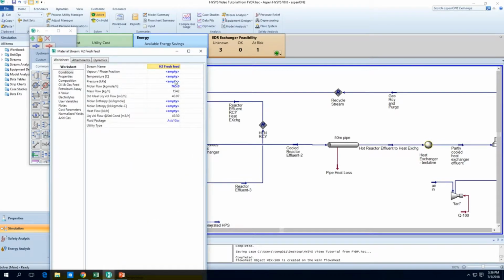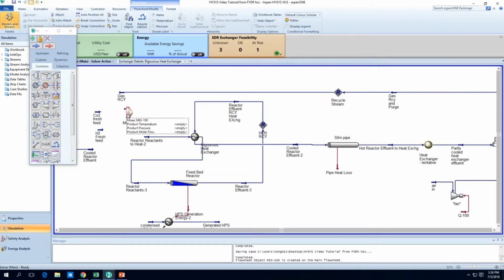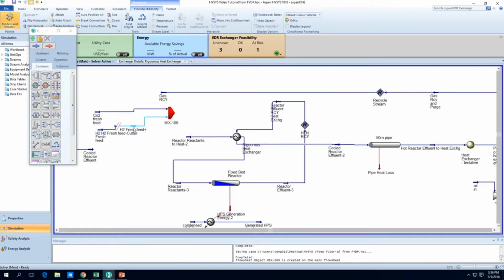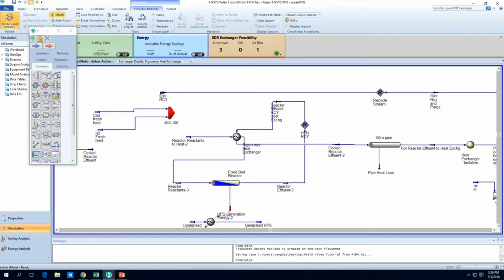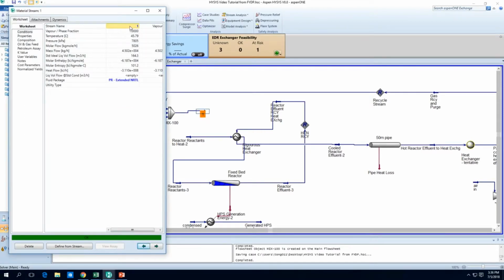Now I'll do the same for this. So temperature is 50, 7805. Okay, so I'll assume all of this goes into this mixer here. Okay, this should be Peng Robinson. So I'm going to delete that stream cutter. That changes the fluid package. Okay, then I'll draw one stream out. So this is the fresh feed.